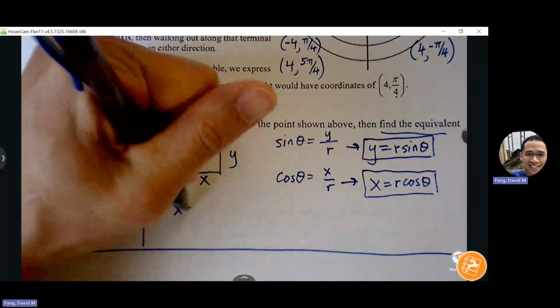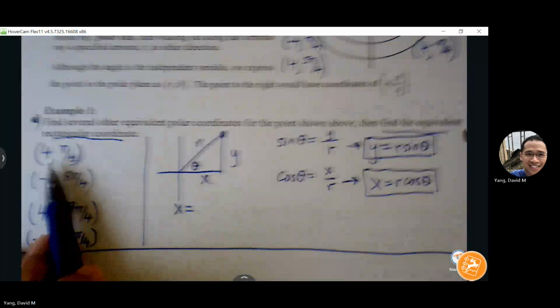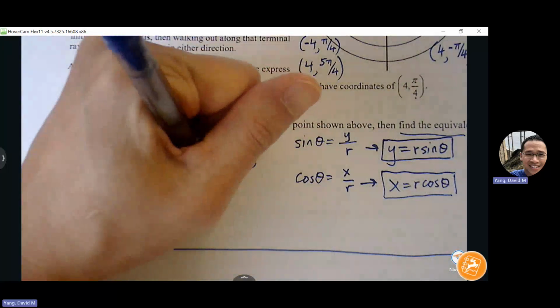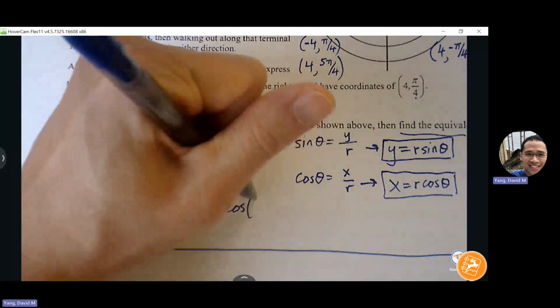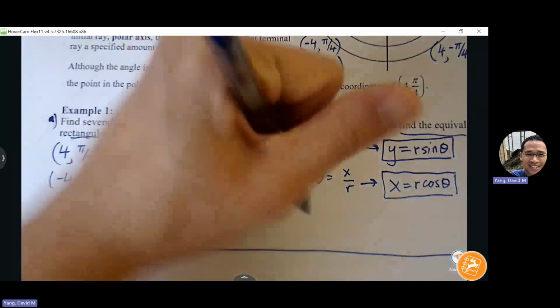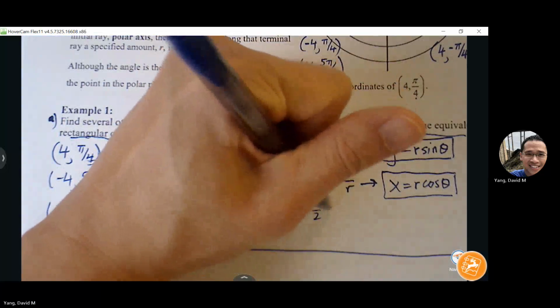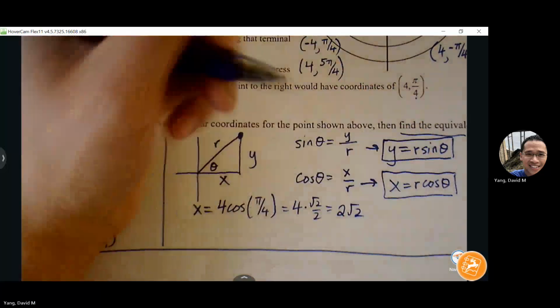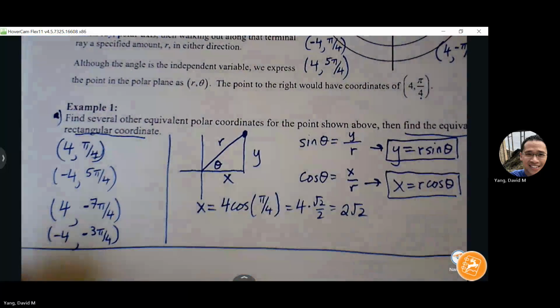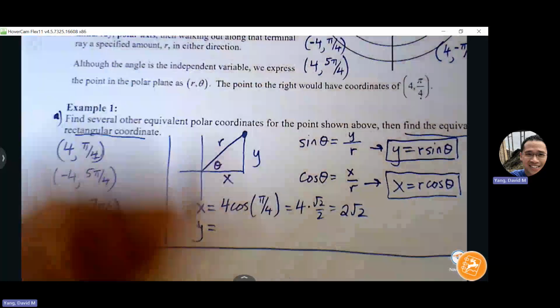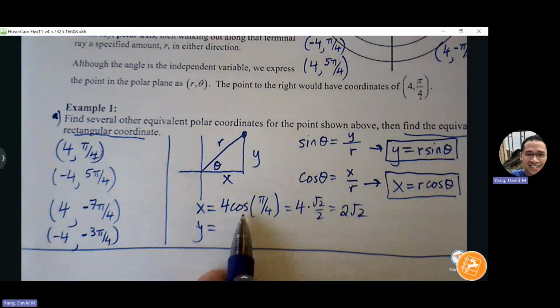So x equals what? It'll be 4 cosine pi over 4, which does reduce to what you said. Y equals r sine theta.